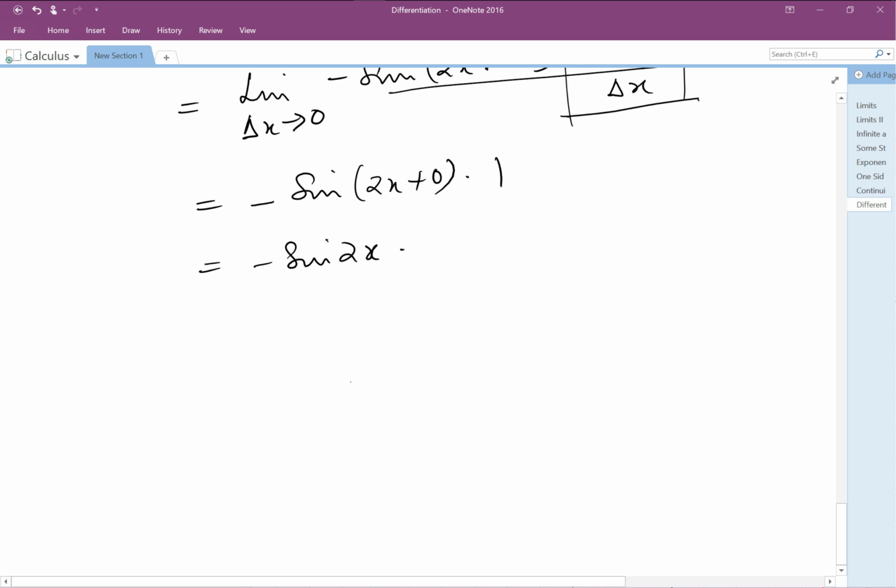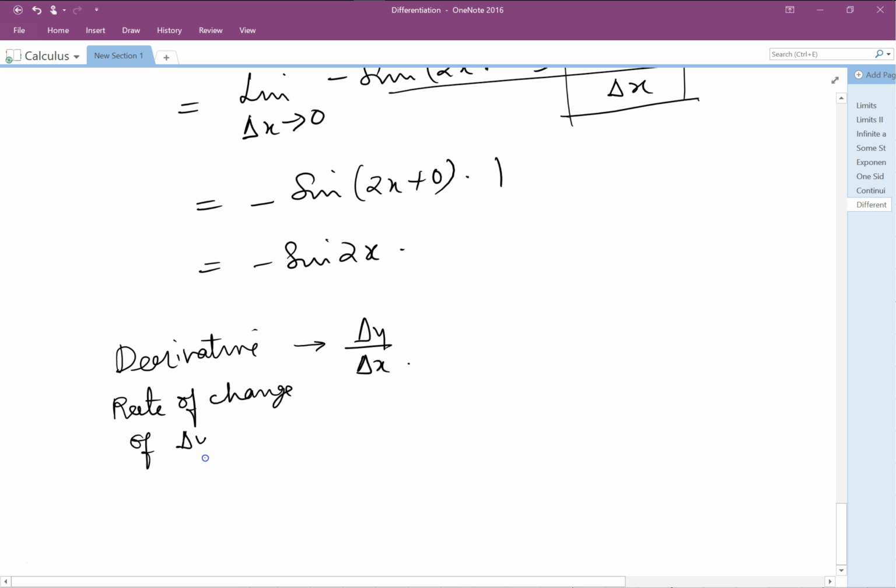Just remember, to figure out an expression which will give you the slope at any point, you have to find the derivative of that expression. Derivative basically means delta y by delta x, or derivative is nothing but the rate of change of delta y with respect to delta x.